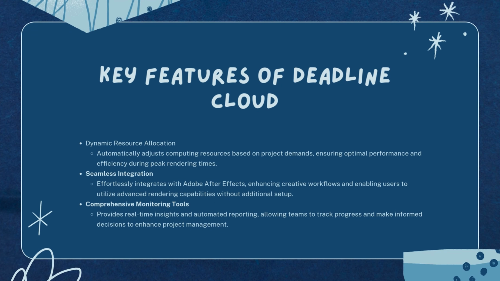Now, let's talk about what makes AWS Deadline Cloud so powerful. First, dynamic resource allocation. This means the system automatically adjusts computing power based on your rendering needs. Need more power? It scales up. Need less? It scales down. Next, seamless integration with Adobe After Effects.